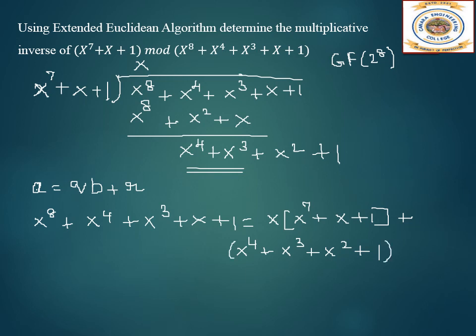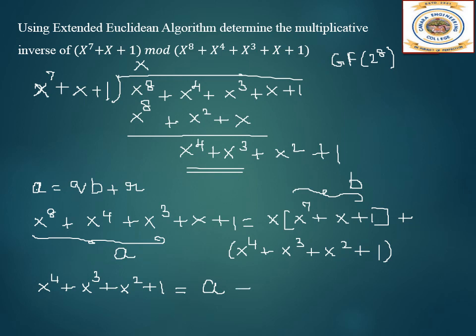Now I want the remainder. The remainder x to the power 4 plus x cube plus x square plus 1 is equal to A minus B into x, where this is our A and this is B. To simplify, I am writing this as A and B; otherwise you have to write x to the power 8 plus x to the power 4 plus x cube plus x plus 1.